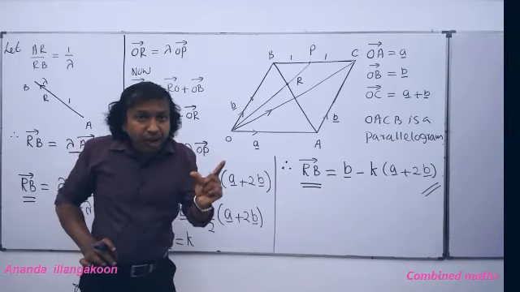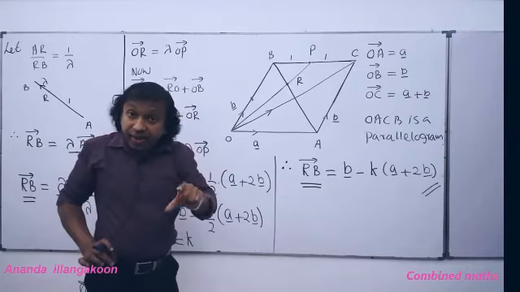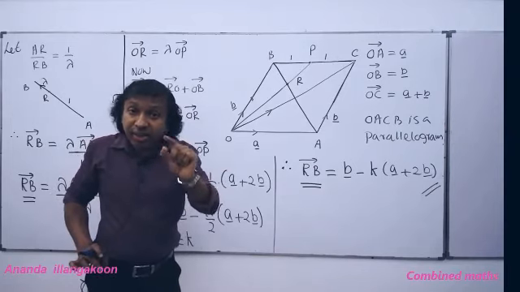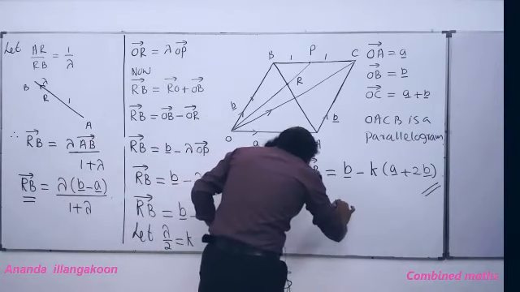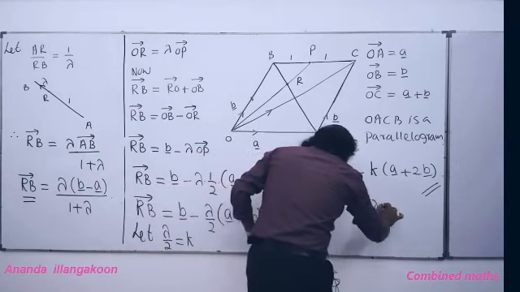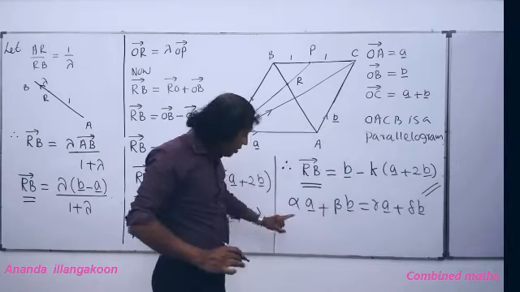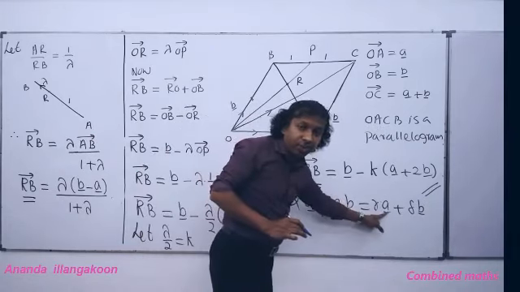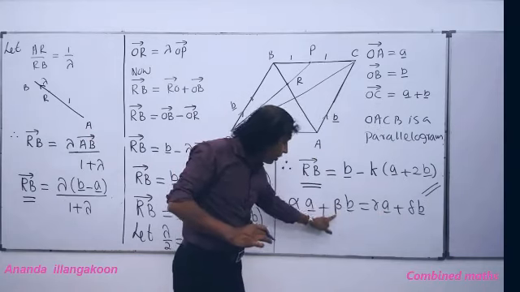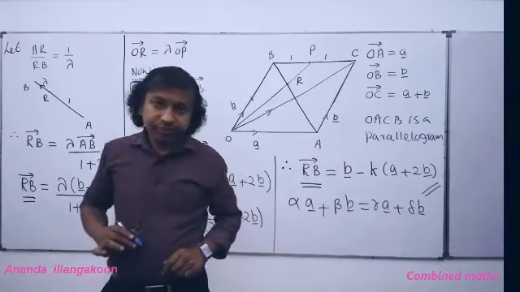When a and b are two non-zero, non-parallel vectors, and they satisfy this kind of vector equation, we said what? The a coefficient in the left hand side should be equal to the a coefficient in the right hand side. The b coefficient in the left hand side should be equal to the b coefficient in the right hand side.